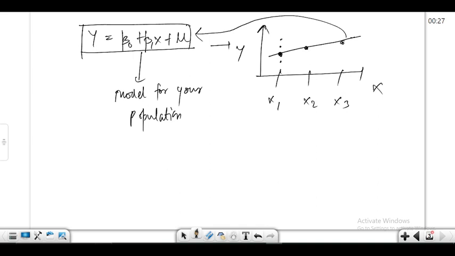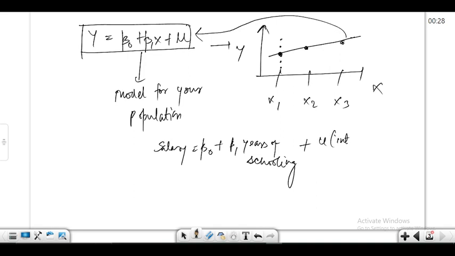Let me give a practical example. If I have to calculate the relationship, salary is equal to beta naught plus beta 1 years of schooling plus u, and let's take u as intelligence.